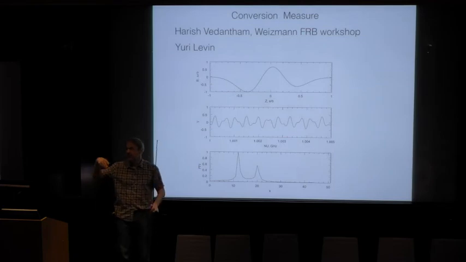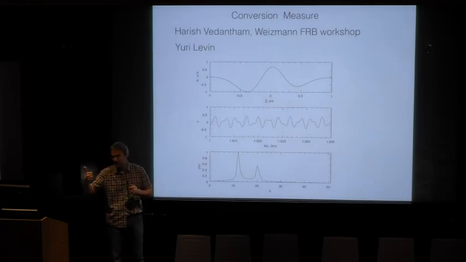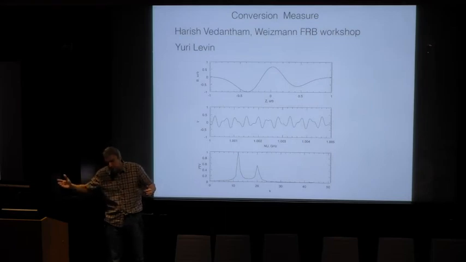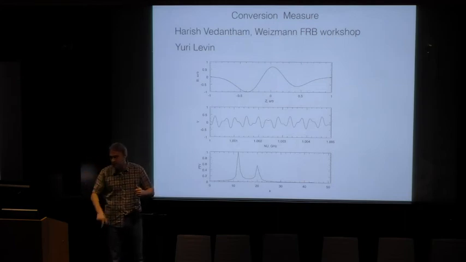So there are as many conversion measures associated to an FRB as there were zeros of the magnetic field along the line of sight. You have just a single rotation measure, but you have 2 or 3 perhaps, or 0 if the magnetic field is nowhere 0, so 0, 1, 2, 3, 4 different conversion measures, each characterizing a zero in the parallel magnetic field.